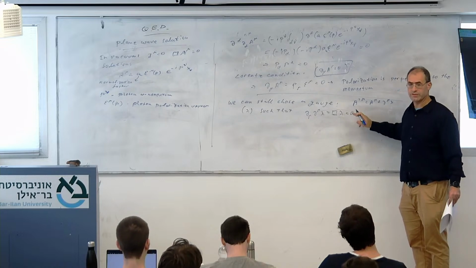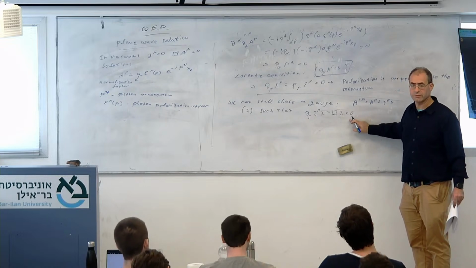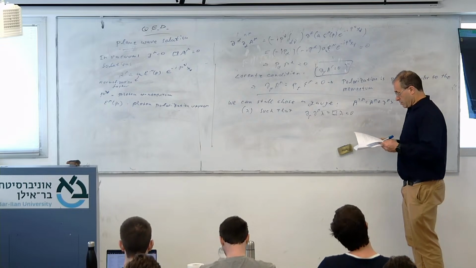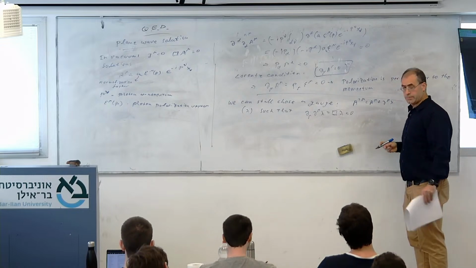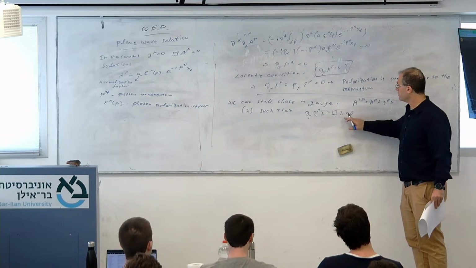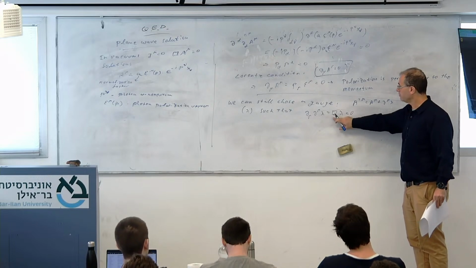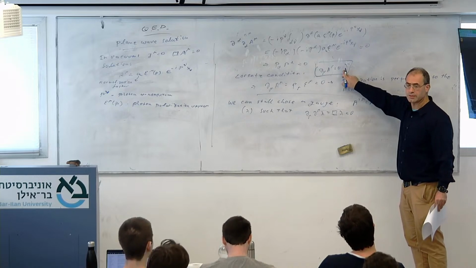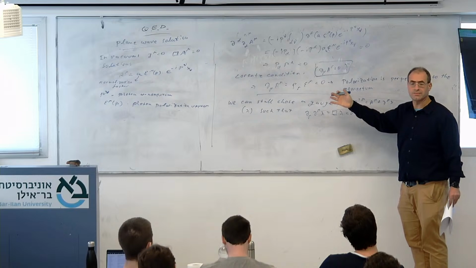We have a freedom of selecting different values of lambda. We can choose it to be independent of time. As long as it satisfies this condition, it is automatically satisfying the Lorentz condition. There is more than one lambda that does it.